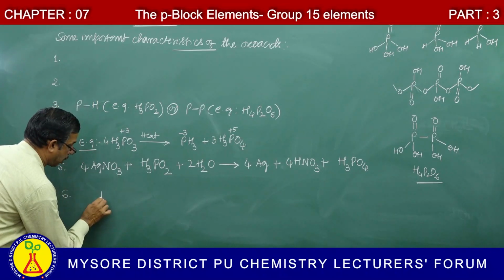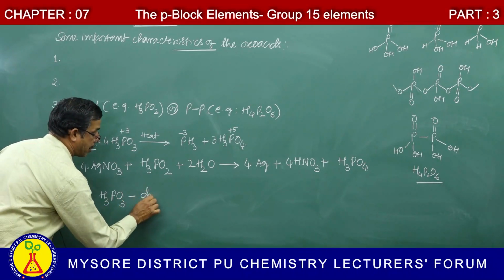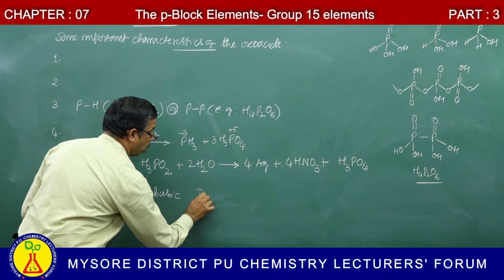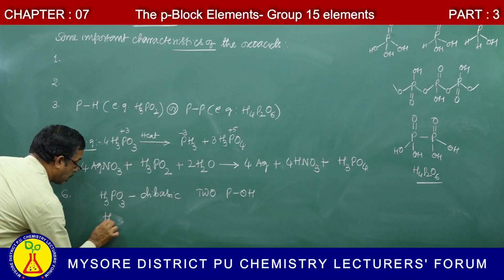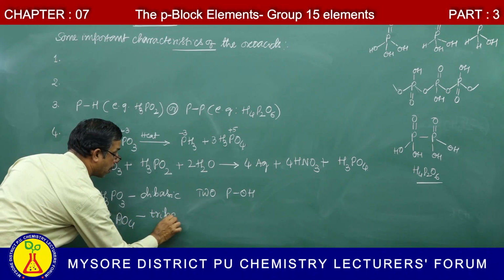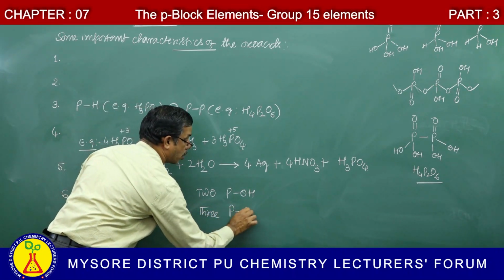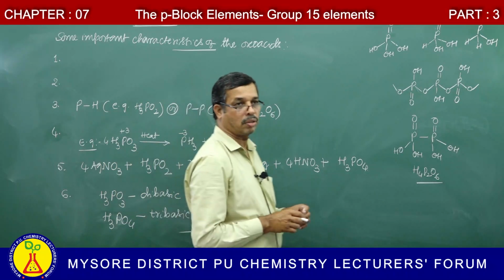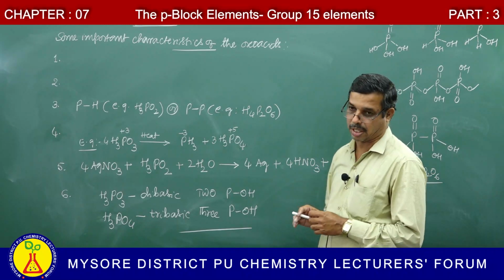Hence, H3PO3 is dibasic because it contains 2 P-OH bonds, and H3PO4 is tribasic because it contains 3 P-OH bonds. Okay. This is all about the characteristics of oxoacids of phosphorus. Okay.